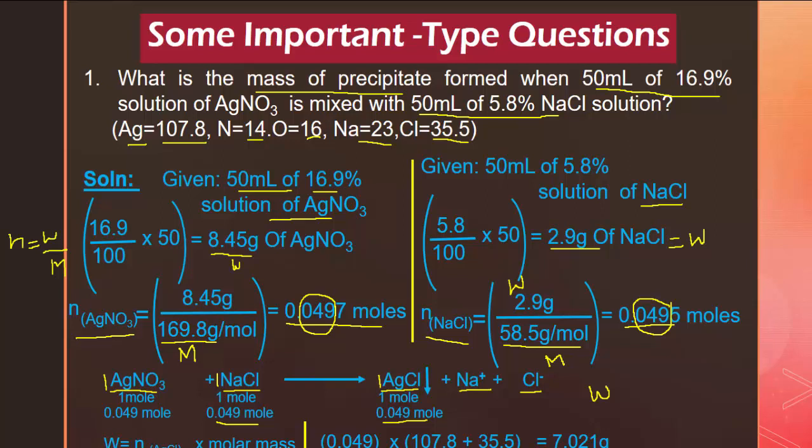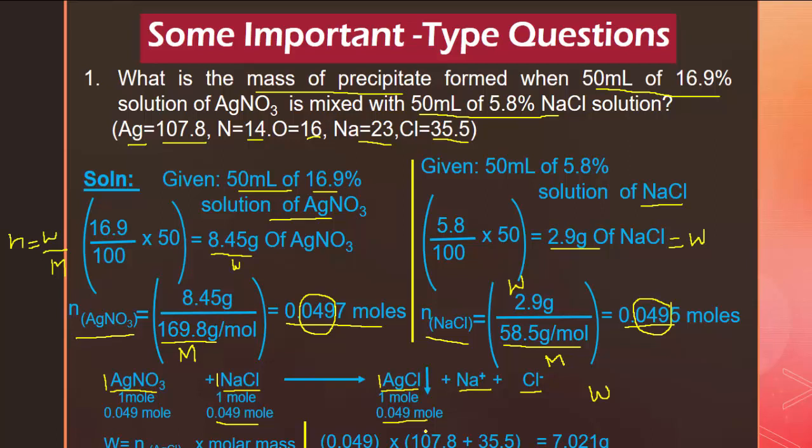W will be equal to N into M, the number of moles of AgCl into the molar mass of AgCl, because N is equal to W by M. That's what we are trying to find out.